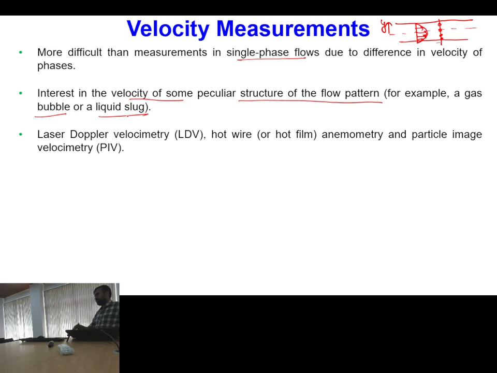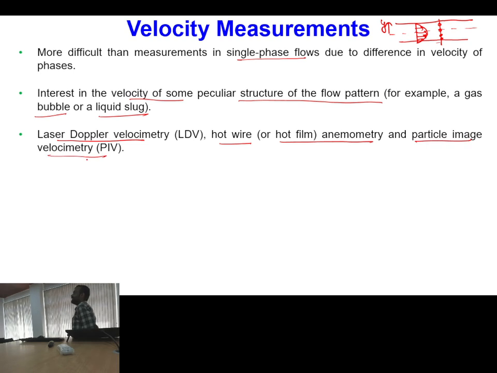If any of you have an idea about localized velocity measurement, even for single phase flow applications, then you might have heard of terms such as laser Doppler velocimetry, hot wire or hot film anemometry, or particle image velocimetry.